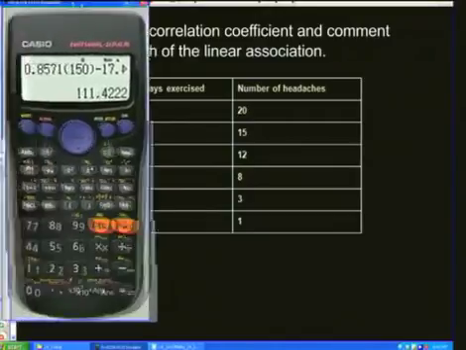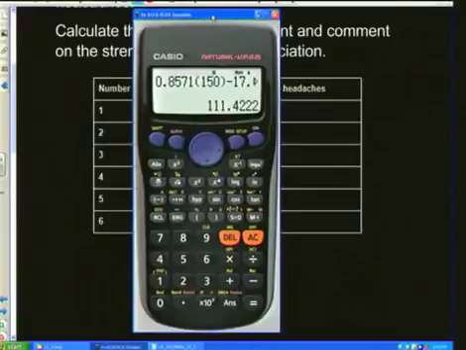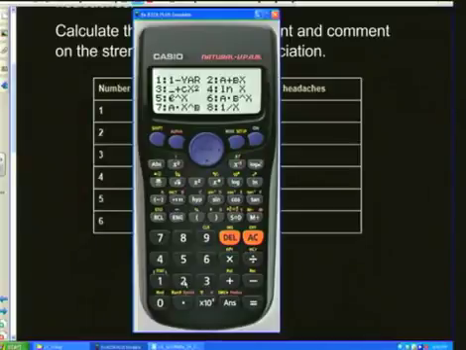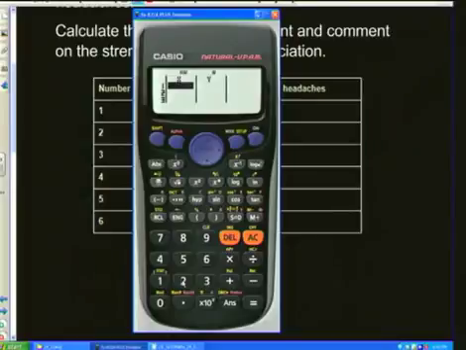So let's clear up our calculator. Let's go to stat again. And we are going to our number 2 again, and we are going to type in the 2 sets of data. So we've got our 1, 2, 3, 4, 5, 6.